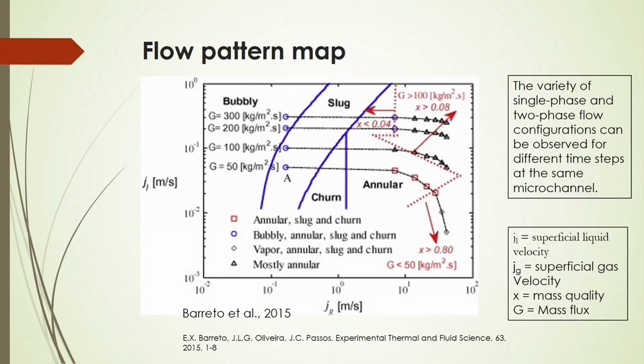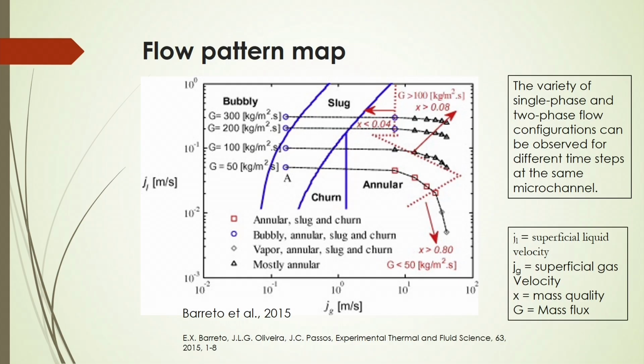What is a flow pattern map? This is nothing but the graphical representation of the transition of different flow patterns observed in that particular channel. These things are represented in a graph, which is called a flow pattern map.